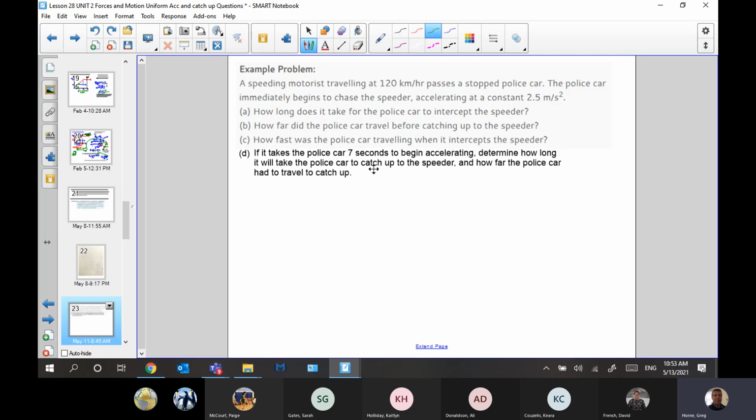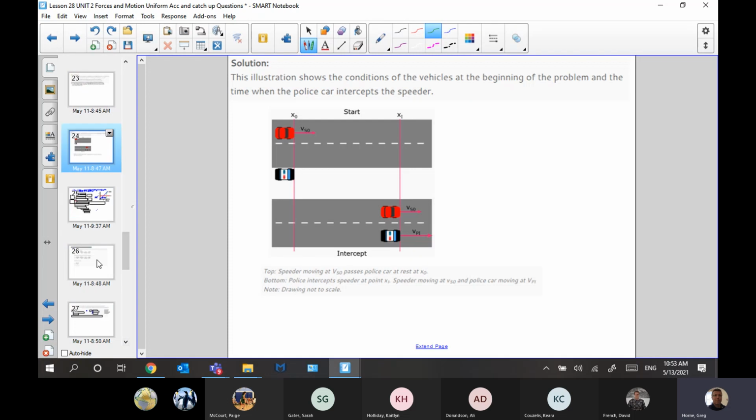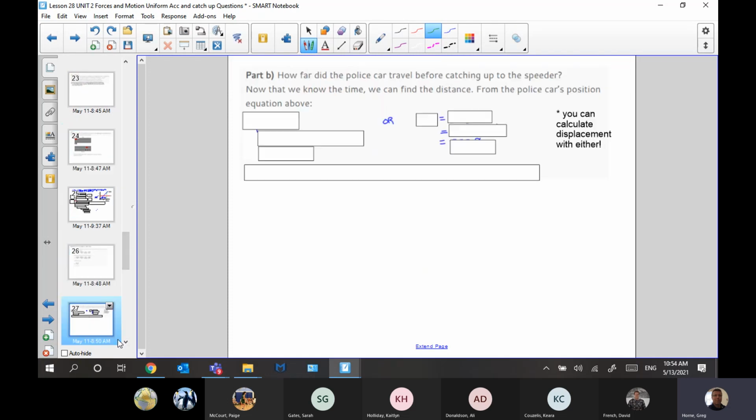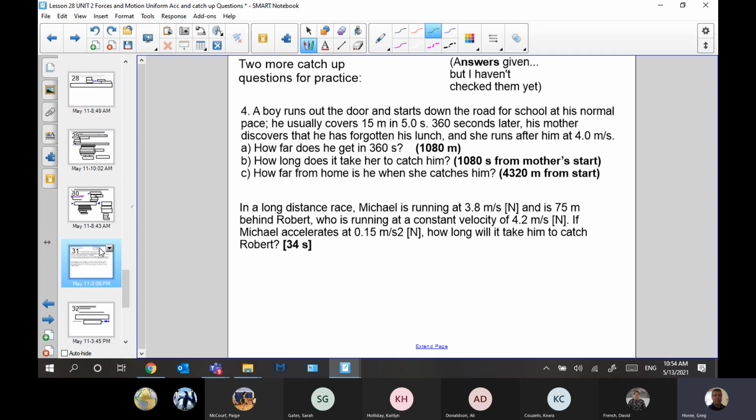So this is where they don't start from the same location. And you'll see that in all of these examples that we have. This one's all worked out. We have other examples. Those are all the solutions. Here are the extra ones for practice.